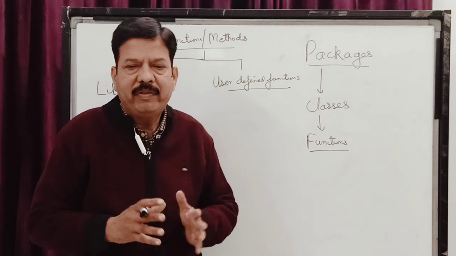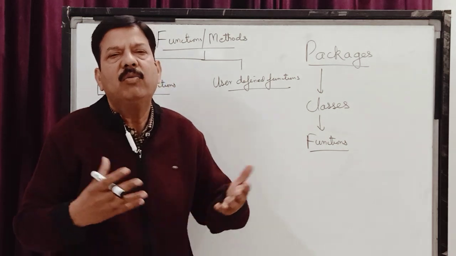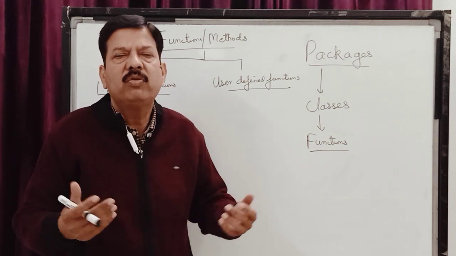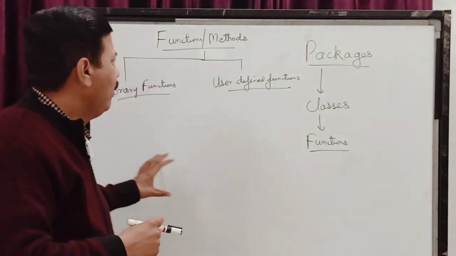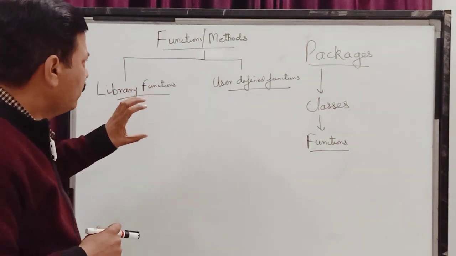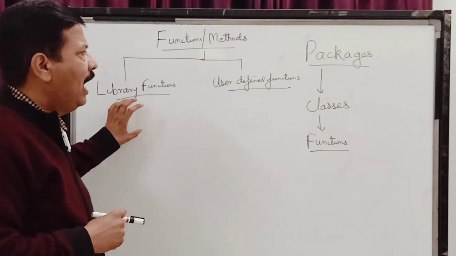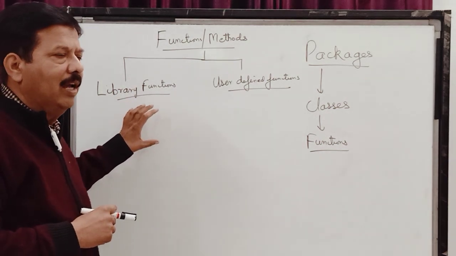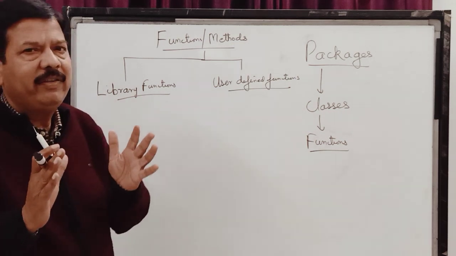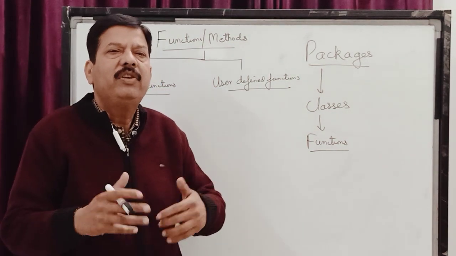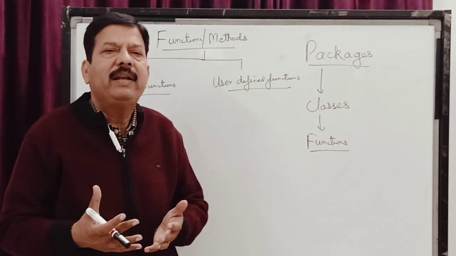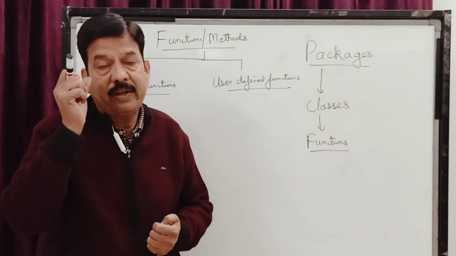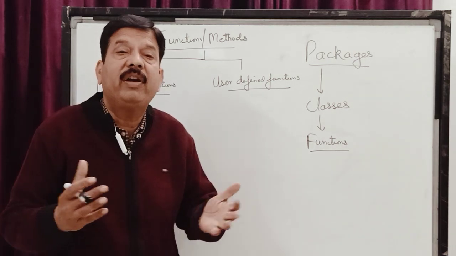As these functions are used by almost everyone doing Java programming, some functions are needed by everyone. So Java packages have some functions stored for us, which perform specific tasks and are available in different packages.